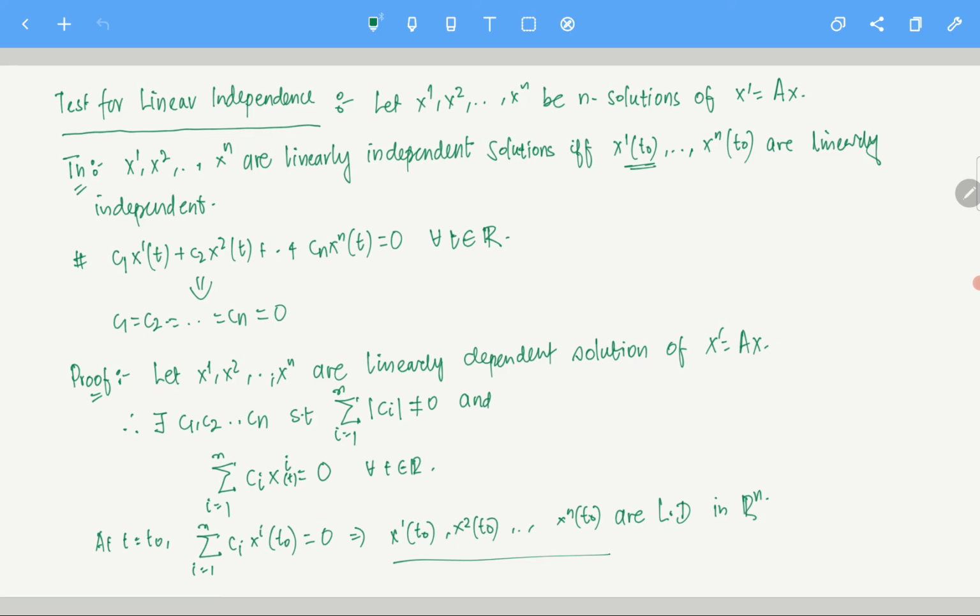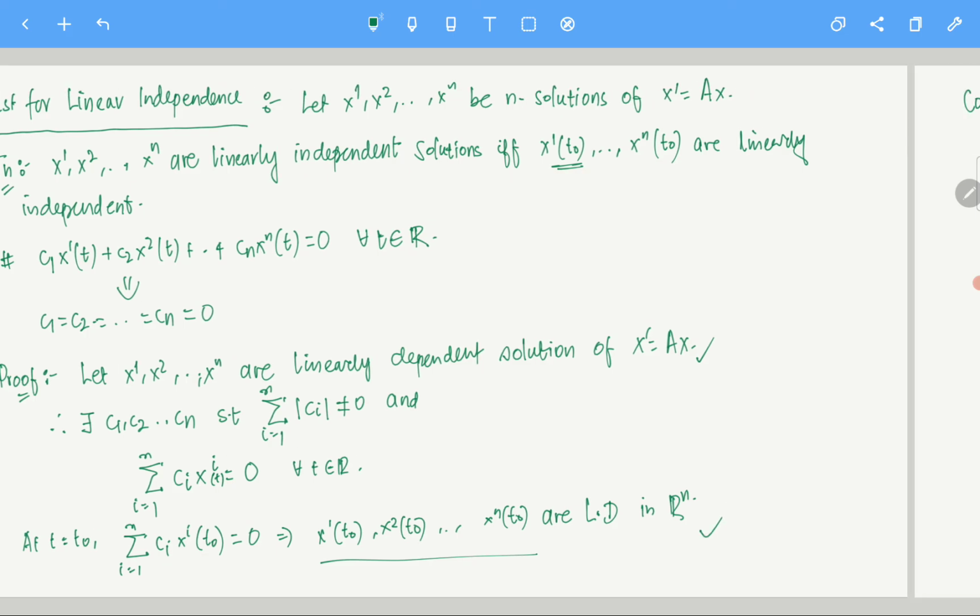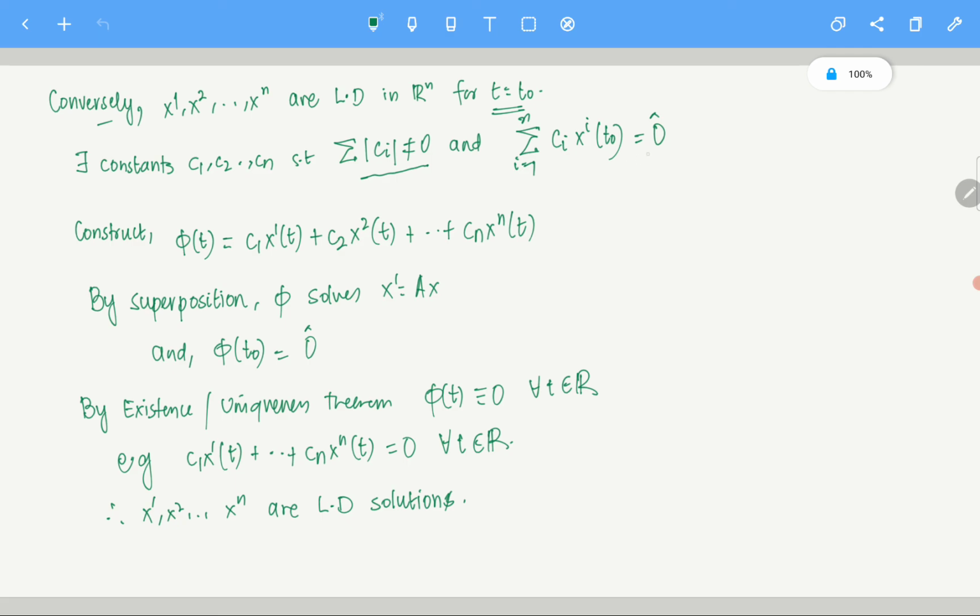So what did I prove? Let us recall again. I showed that if they are linearly dependent solutions, then if you evaluate them at the point t_0, they are going to be linearly dependent. That is the trivial part. The other part is that if they are linearly dependent at one point t_0, then they are linearly dependent solutions.